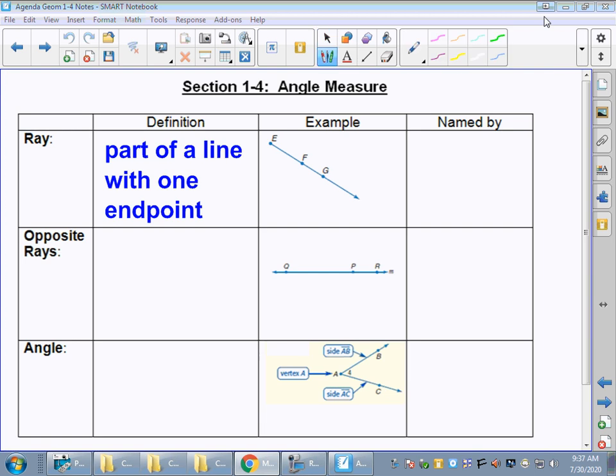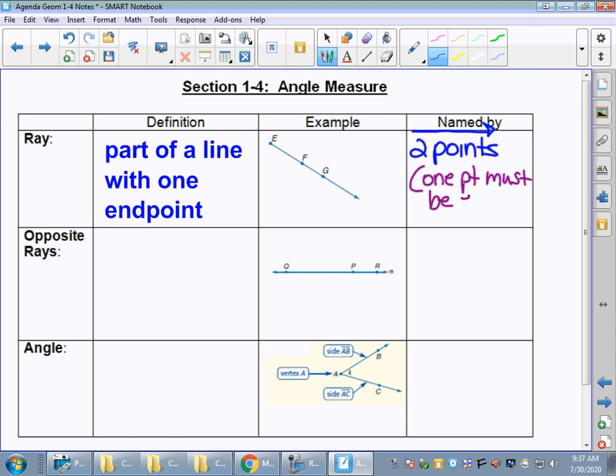So we name this using the endpoint. Let's do it this way. We name it using 2 points with a ray above it. And I want to make a note, 1 point must be the endpoint. When we named a segment, we named it by the 2 endpoints with a segment above it.